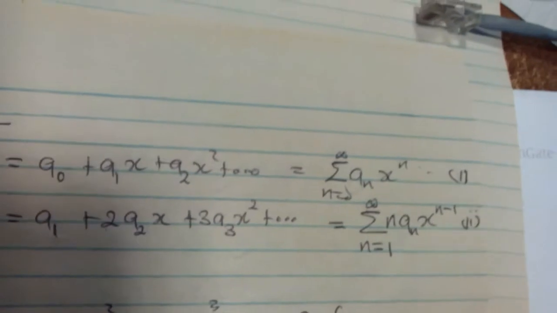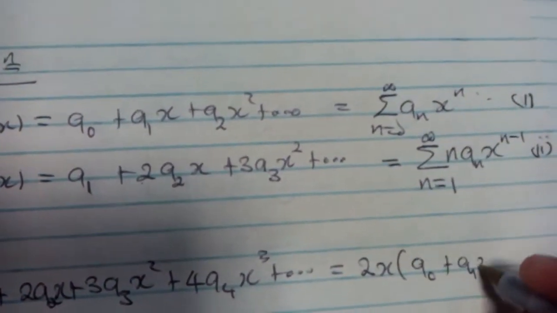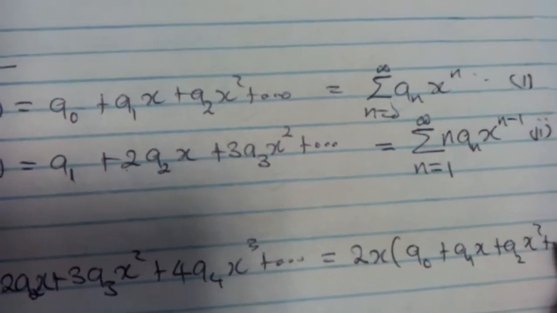But y is what? a naught plus a1 x plus a2 x squared plus on and on up to the end.